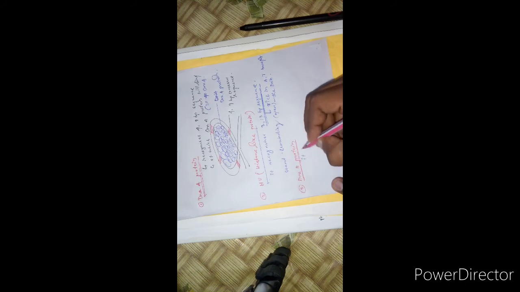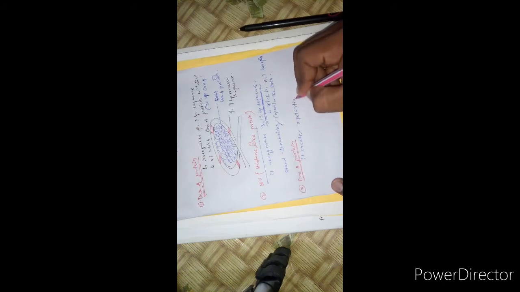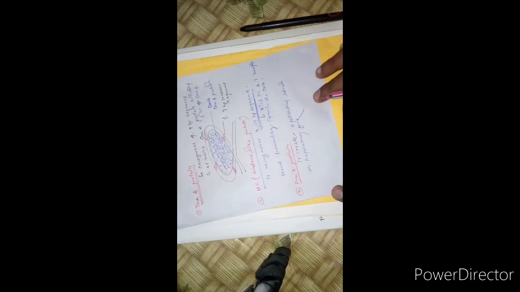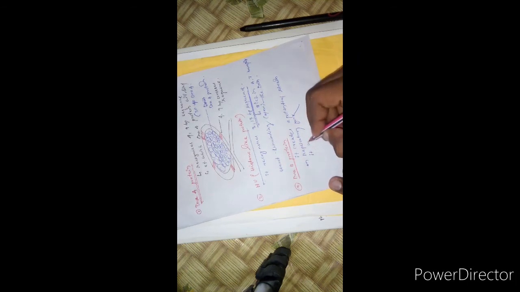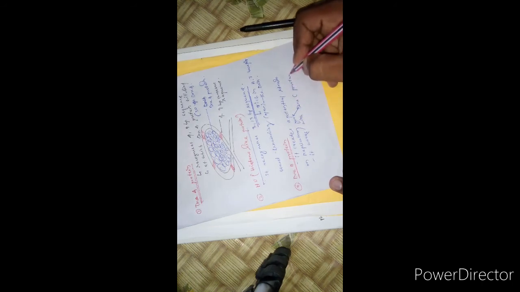Then it creates a potential strain on the replication path. It does not work separately. It works with DnaC protein. Let's see the structure, how it looks.